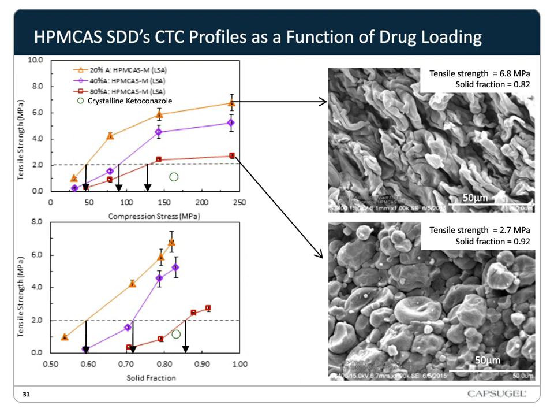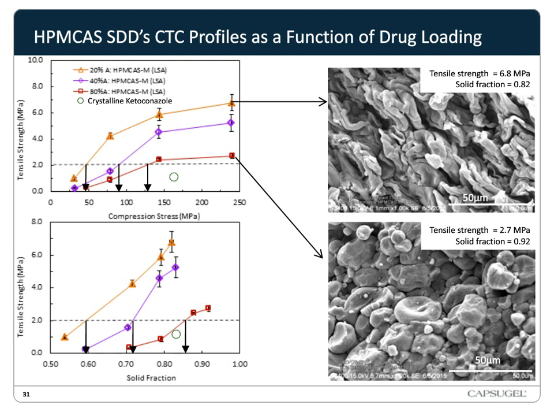So I think one of the main points on this slide is that we don't necessarily need a high drug loading SDD. If you get a big advantage in mechanical properties and you have good dissolution and disintegration, you can remove the majority of the filler in the tablet and then decrease the drug loading in the SDD.